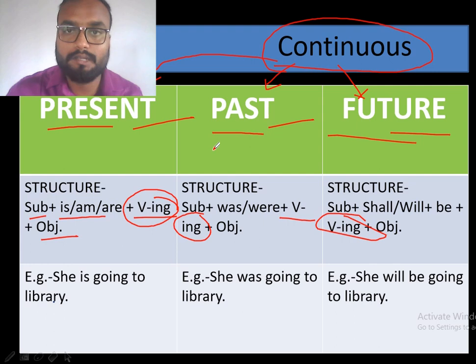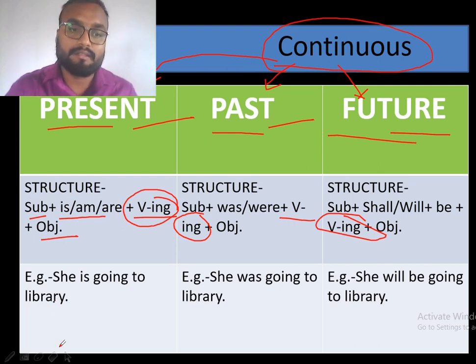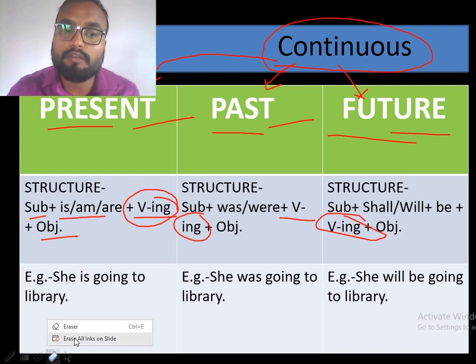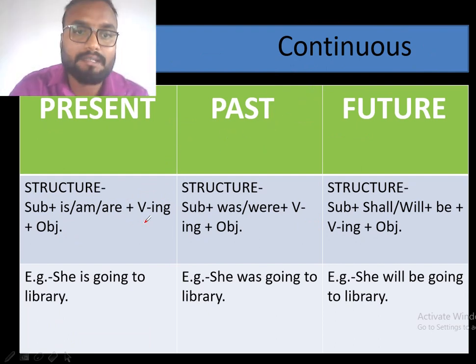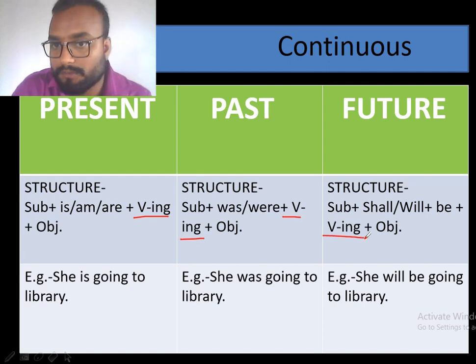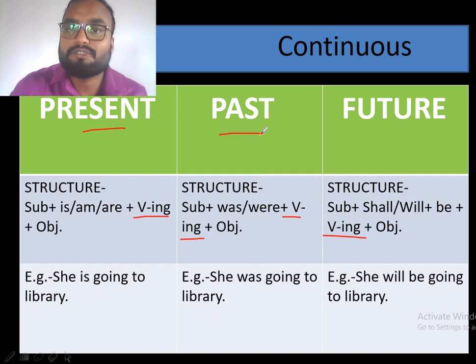Is it clear? The name is present continuous, past continuous or future continuous. So this tense reflects the continuity of the action. So to show the continuity of the action, ing form of verb is used. Now another word associated with it is present, past and future.